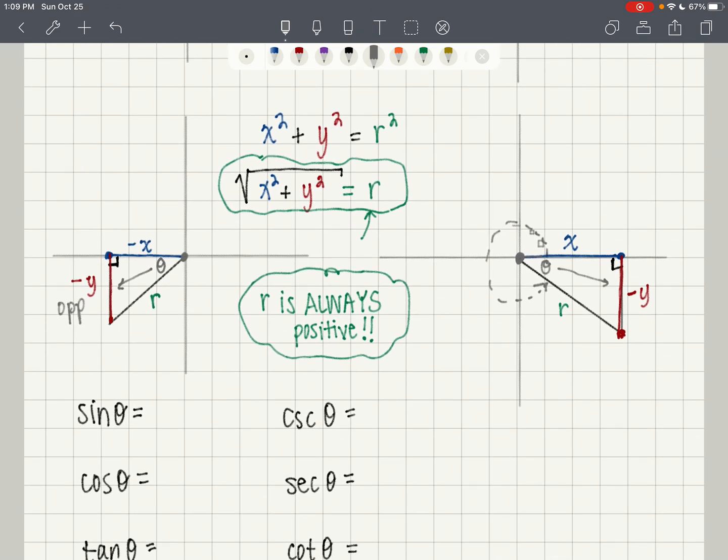And quadrant 4, drawing an arrow to the opposite side, we have y. So whether you have a positive y or a negative y, the opposite side, which we know the sine of theta is equal to the opposite over the hypotenuse, the opposite side is always y. And the hypotenuse is always r. The hypotenuse in every case was r.